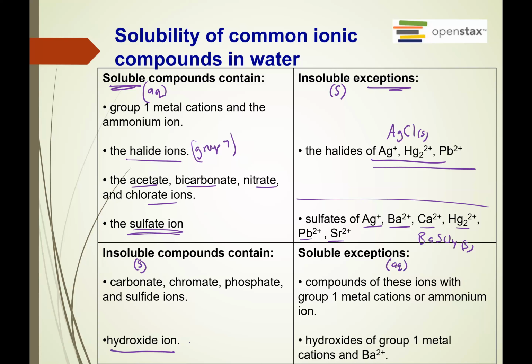So hydroxide is insoluble, like NaOH... oops, let me just do one that's insoluble, not group 1. Ca(OH)2 is insoluble. But if it's group 1, it is soluble. NaOH would be AQ.